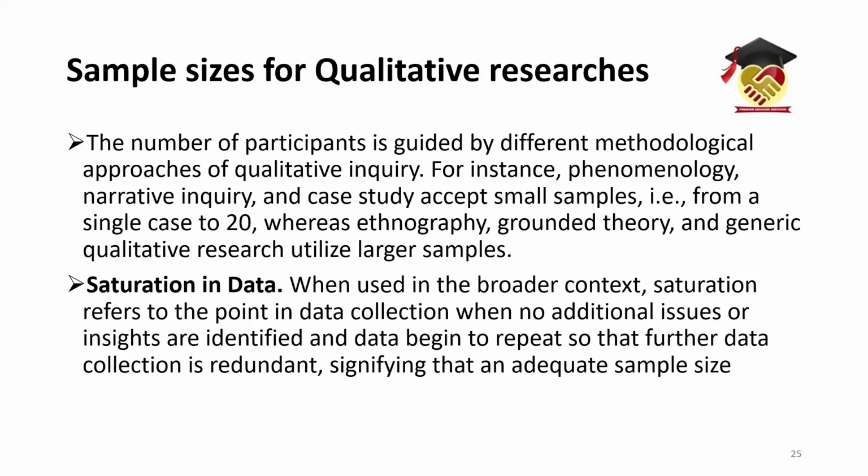But if you want to do ethnography, say you want to analyze the buying behavior of customers at festival time, you have to go and purchase with them, participate in observation, and then it should be about 50 for an ethnographic study. You have to live with them, buy with them, participate in the observation. Then you need 50, otherwise you need a maximum of 20 according to Saunders et al.